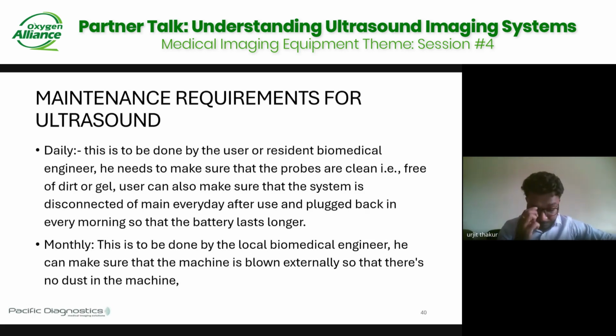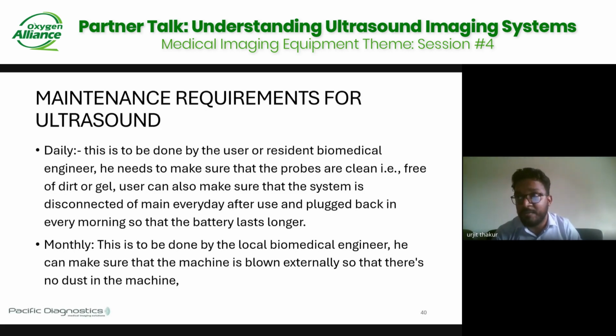Okay. So for daily, this can be done by the resident biomedical engineer at the hospital, or it can also be done by the user, that is the radiographer. The first thing he needs to make sure, because he's the user, is the probes are clean every day in the morning, or after he's done using it, that is free of gel.